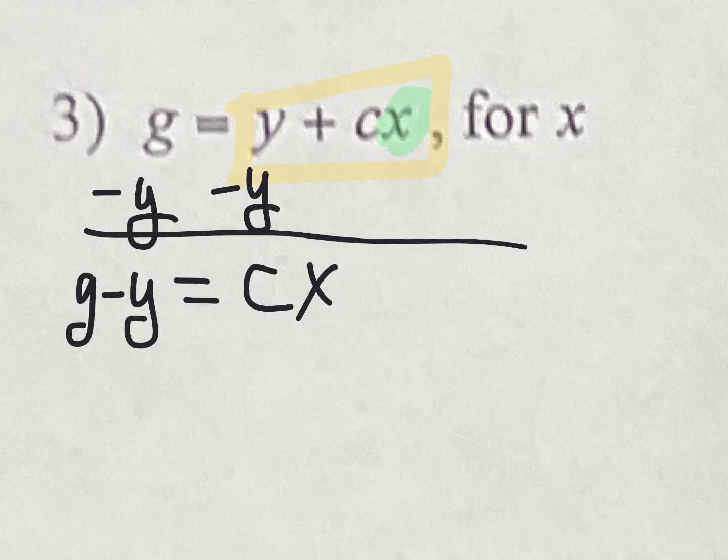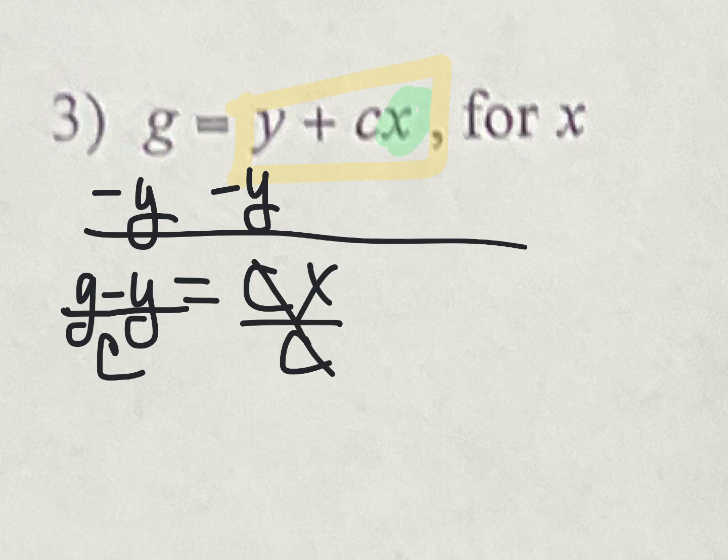So you could do it this way if you want to. You could write it as two separate c's dividing by. But what you're typically going to see is just one big long fraction bar with one c underneath there. Because that means you're doing g minus y and then dividing them both by c. That's typically how you'll see it, a big fraction bar underneath it.